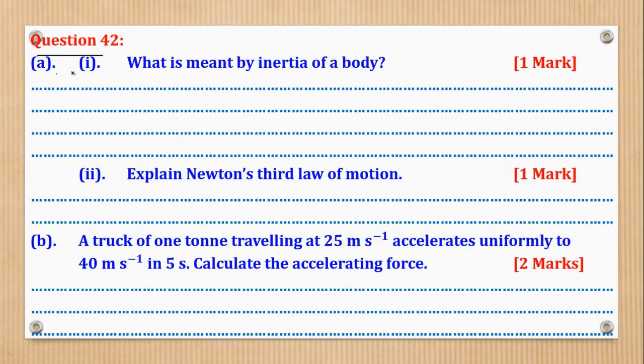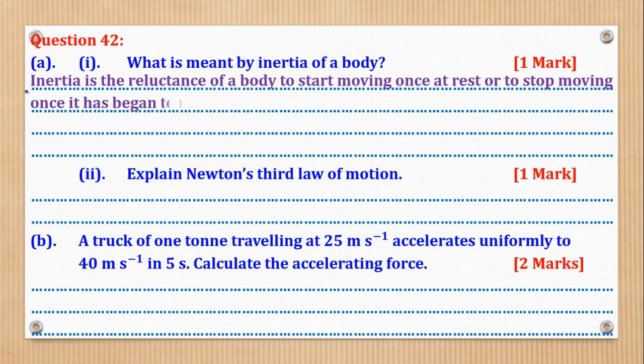Question 2, part A, Roman 1 says, what is meant by inertia of a body? So inertia is the reluctance of a body to start moving once at rest or to stop moving once it has begun to move. That is one way.